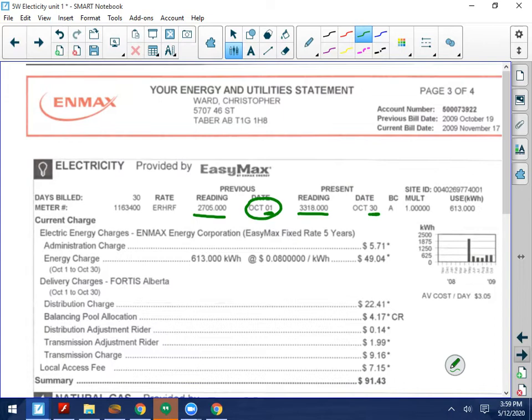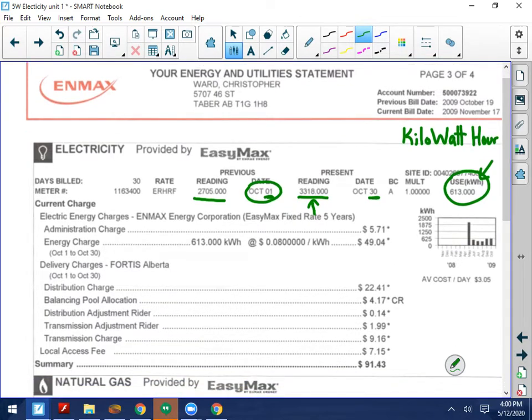So this reading here is a reading of how many kWh I've used. That stands for kilowatt hours. And that's how they measure the power that we use in our home.